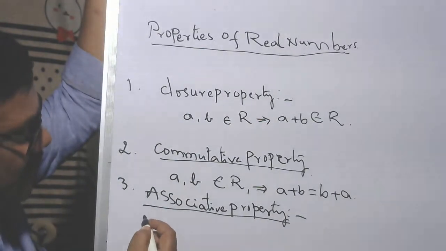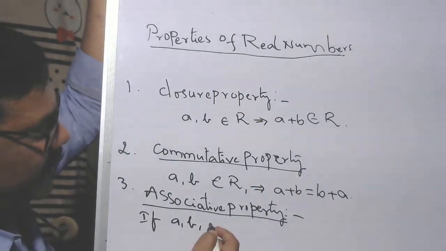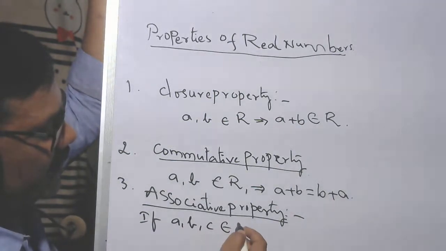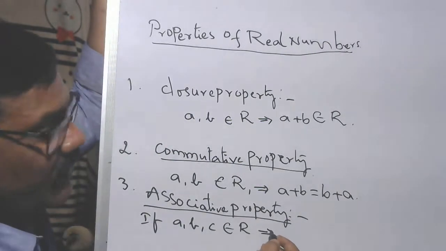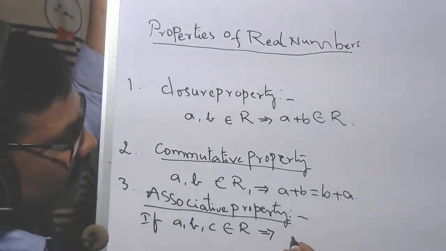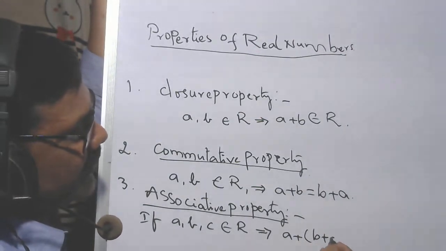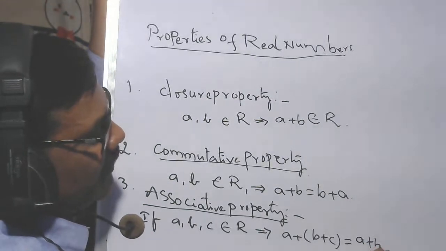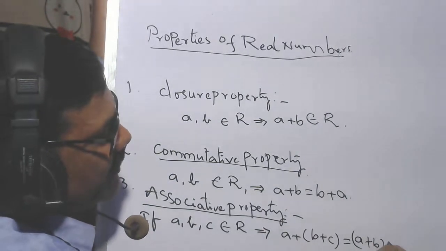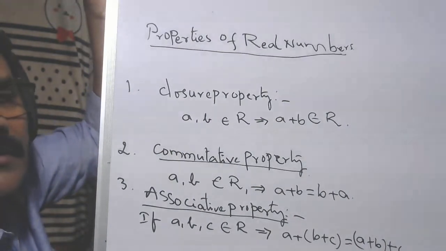So if a, b, c belong to real numbers, then we can write a plus (b plus c) is equal to (a plus b) plus c.